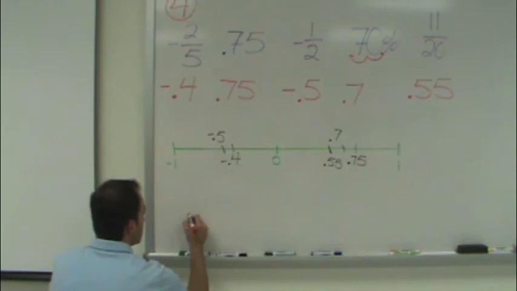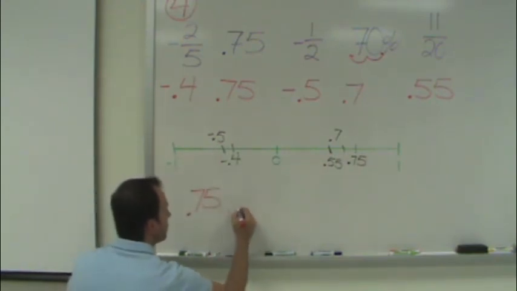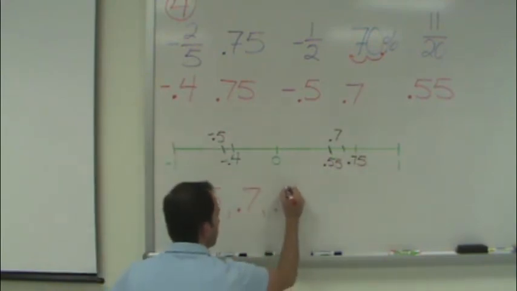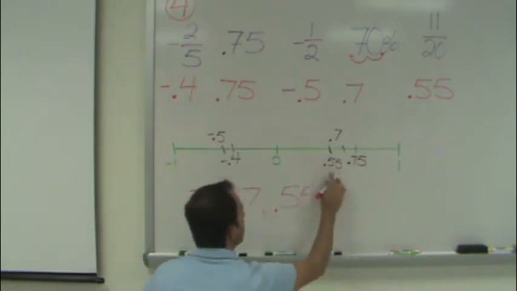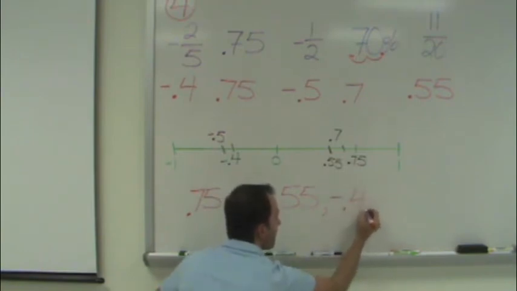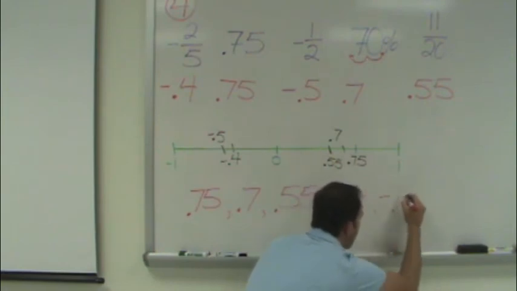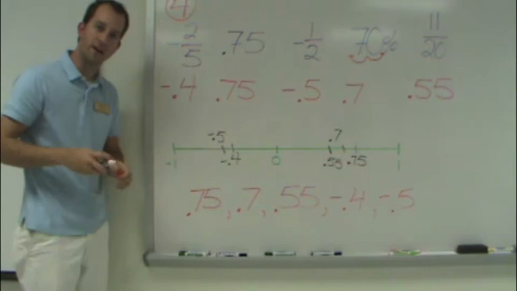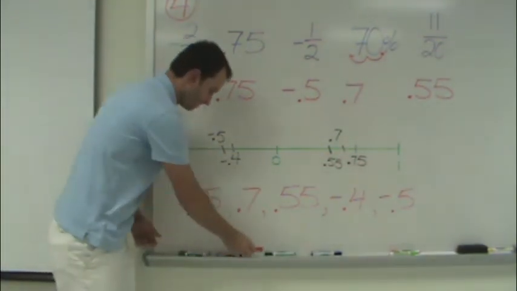Our greatest number is 0.75, then 0.7, then 0.55, then all the way back to negative 0.4, and lastly, negative 0.5. There at the bottom in red, we have our answers from greatest to least.